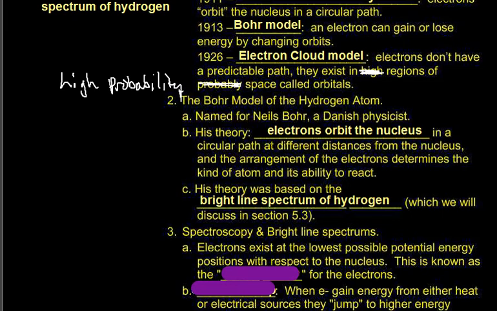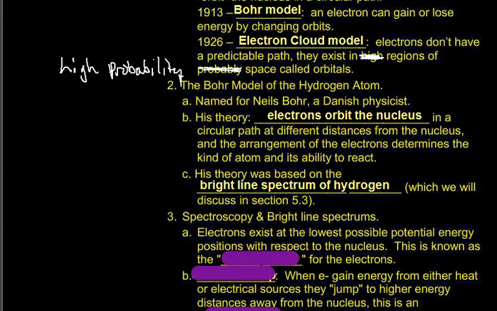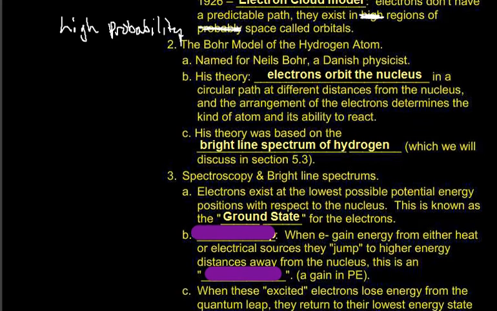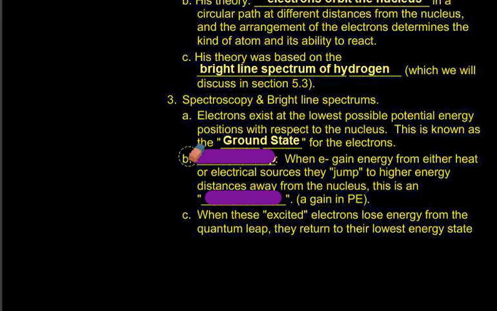But here's the idea. Electrons exist at the lowest possible potential energy positions with respect to the nucleus. This is called the ground state for the electrons. They experience what's called a quantum leap, and this is not talking about the 80s TV show.